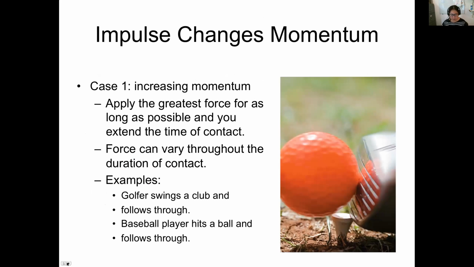Let's talk about the different cases for changing momentum. Let's talk about different scenarios for impulse. So you got that definition, right? Momentum is mass times velocity, and the impulse is the change in momentum, and it also equals the force times time.